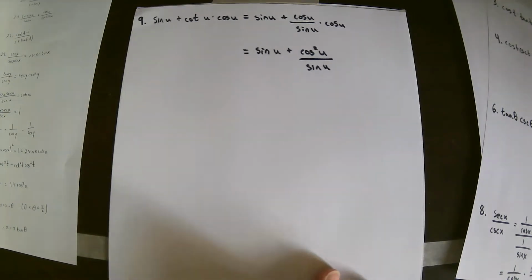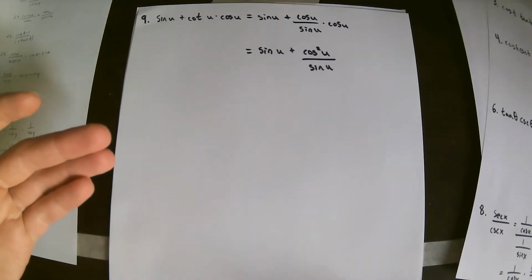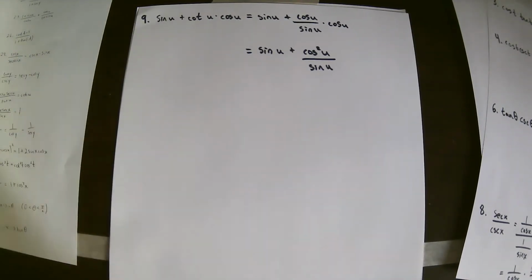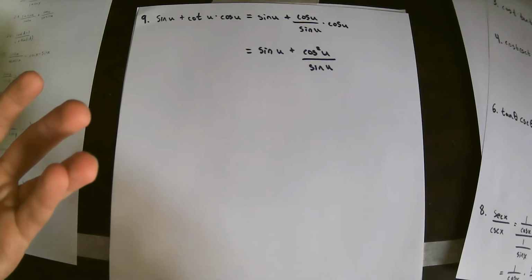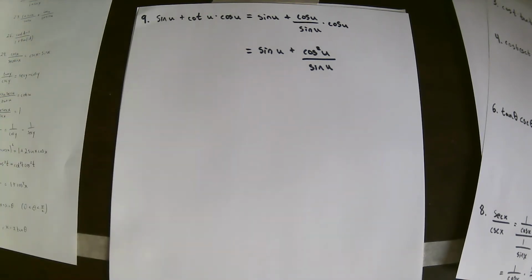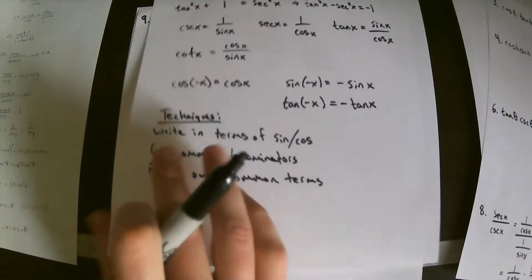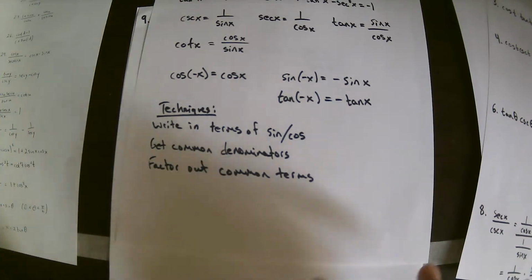Now this is one of those times where I've written everything in terms of sine and cosine, but what else can I do? Well, I can use one of those techniques that I wrote back here, getting a common denominator.